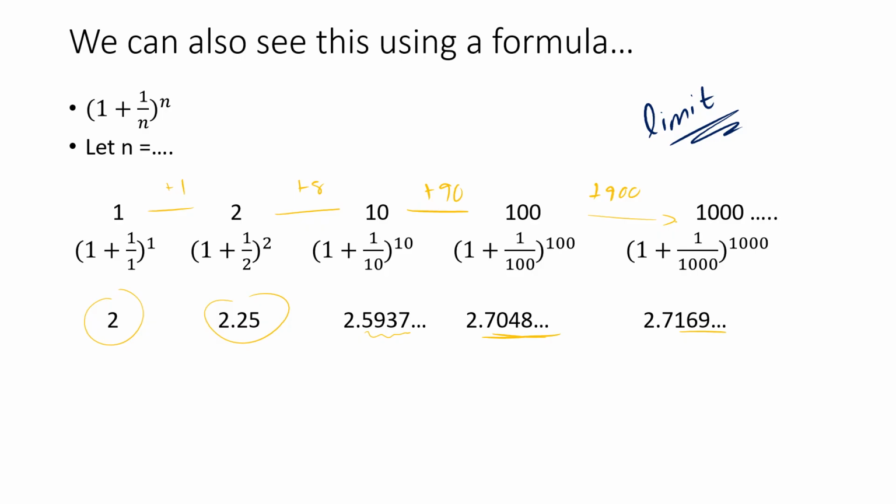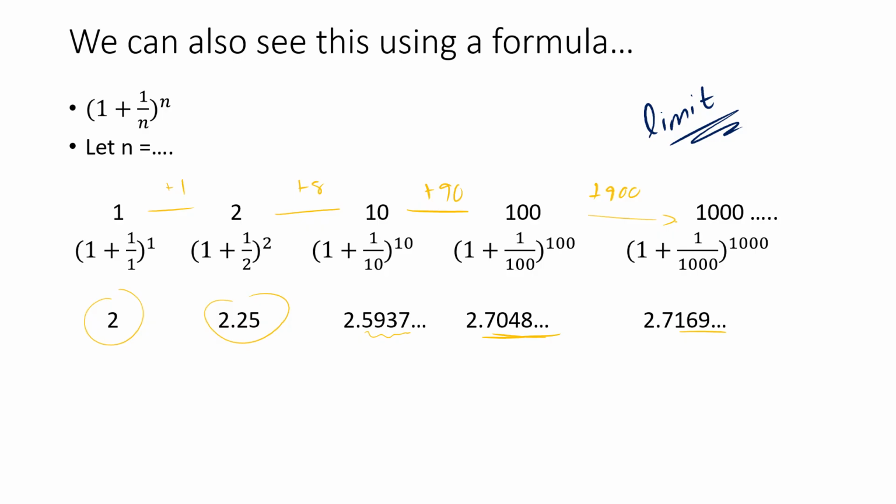So what we want to notice is that as I am making n bigger and bigger and bigger, and you can try this on your own, pause the video, grab a calculator, try n is 10,000, and see what happens. The key here is that my value for that expression is not exploding.